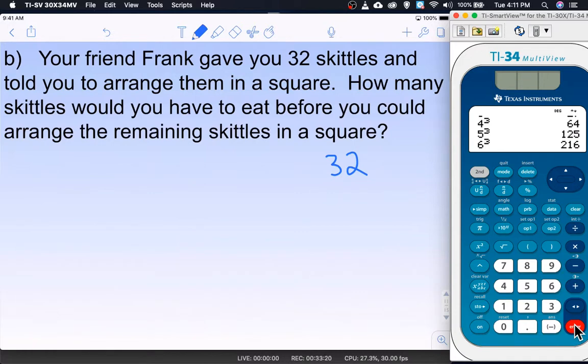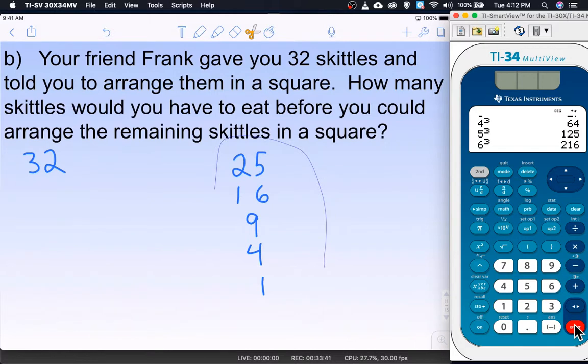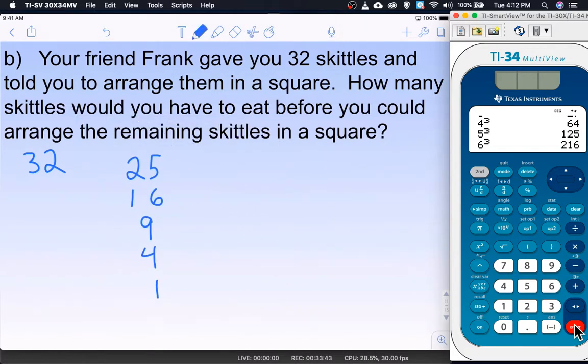But looking at your chart from up above, we have perfect squares of 25, 16, 9, 4, and 1. Those are all perfect squares. So you could say, well, I'm going to make a square that is a 5 by 5 square. To do that, if I have 32 to get down to 25, I would eat 7 of them.